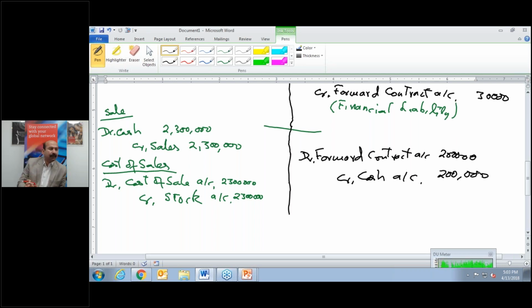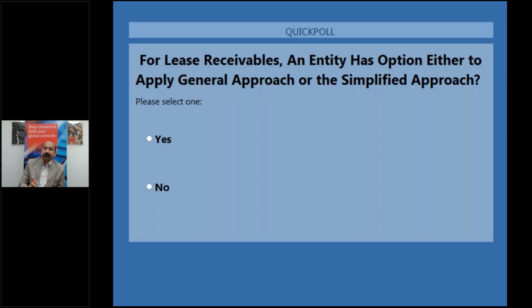Yes or no? Should I launch the question? Okay, yes. From general approach, I mean that 3 stages approach.